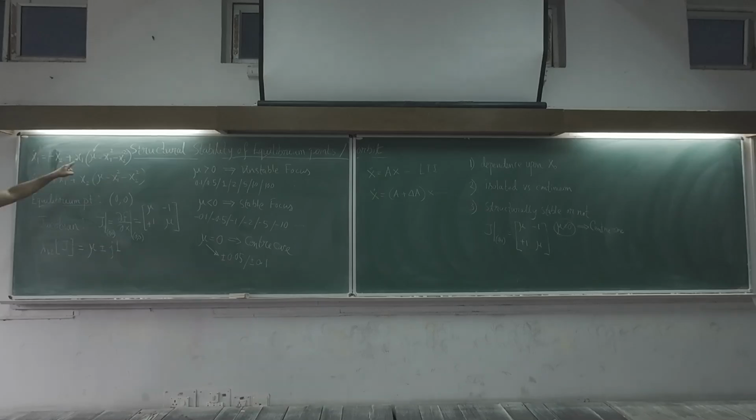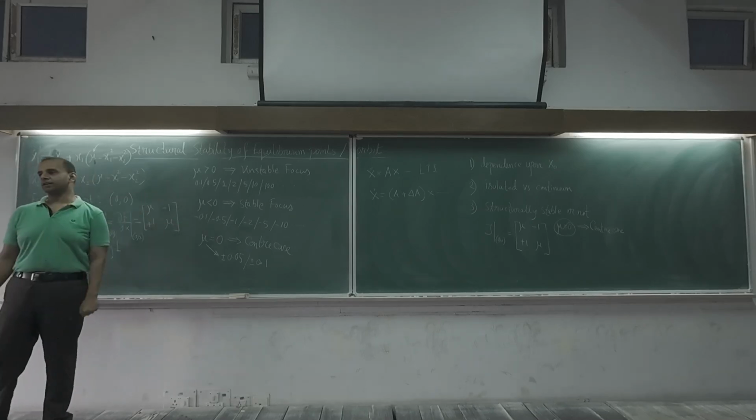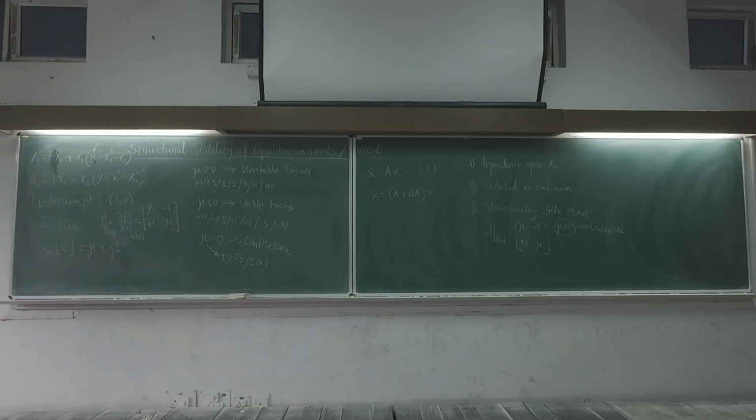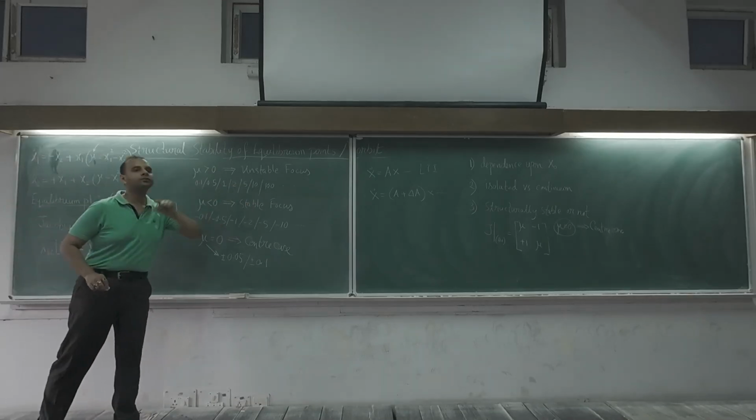So here mu is a parameter. It can have a fixed value which we don't know, but the case becomes different when there is some external disturbance or perturbation. Suppose there is x plus delta x, or even f(x) plus some perturbation, which can make some changes in this mu value, which is unknown to us. That doesn't make any change if it is an unstable focus or stable focus.